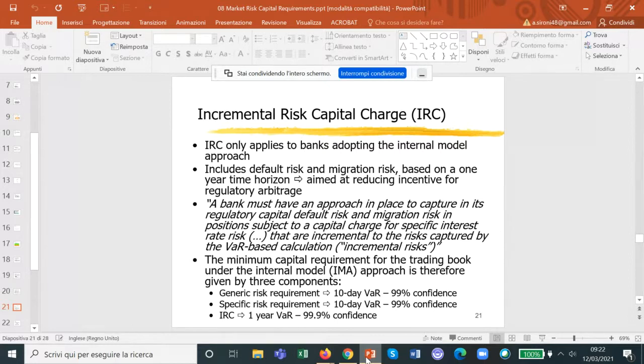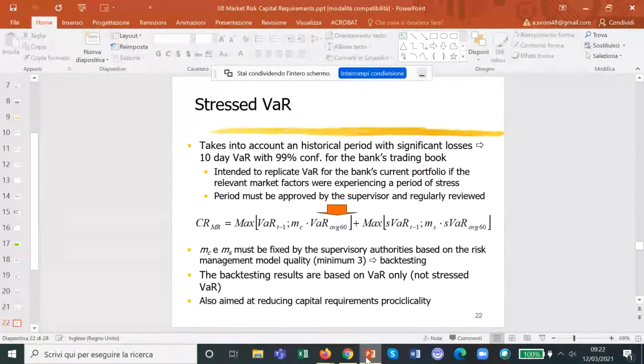So a very high confidence level. And it's an additional capital charge in the trading book, only for banks with an internal model approach, okay? Second, they introduced an additional capital requirement, which is called stress value at risk, as I mentioned, which is currently in place, and it's very relevant.